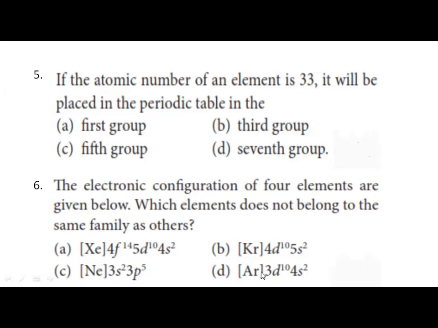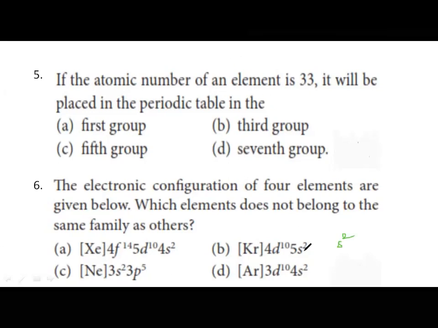In case of the last option, argon 3d10 4s2, again only the s2 configuration. Therefore, options A, B and D have the outermost electronic configuration with two valence electrons in the s orbital, in the valence shell.